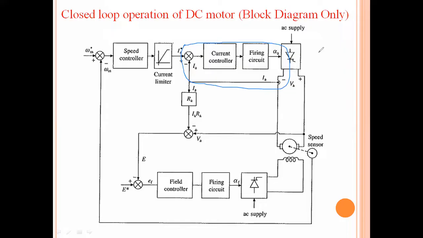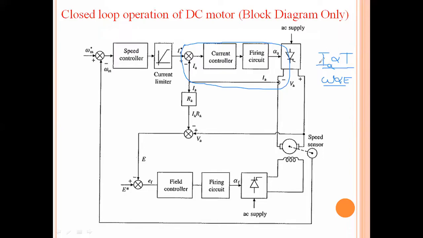because already we have seen in the previous classes that I told you the current and torque both are related. Armature current and the torque are related. Similarly, speed of the machine as well as the EMF, these two terms are related.